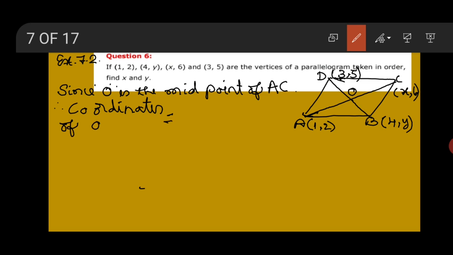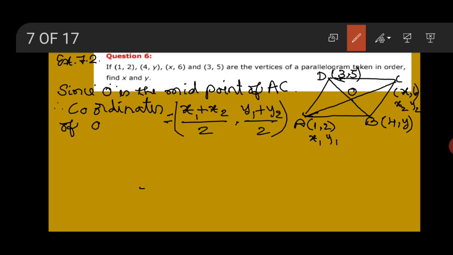What is the midpoint formula? (x1 plus x2) divided by 2, (y1 plus y2) divided by 2. So here take this as x1, y1 and this is x2, y2.